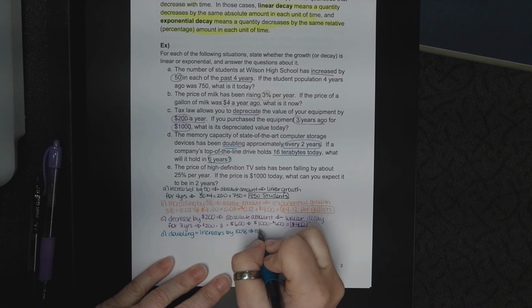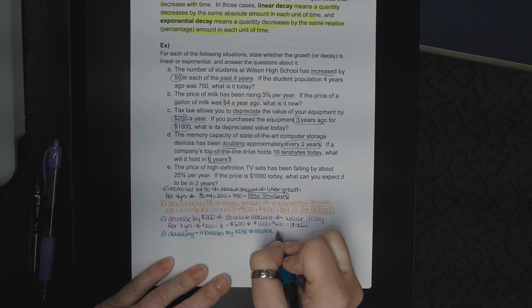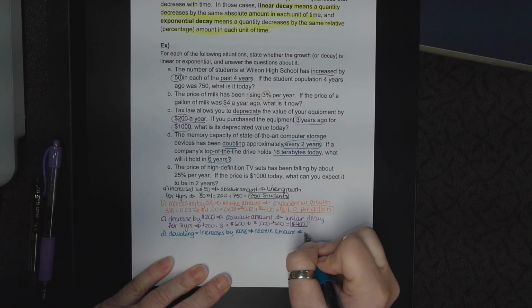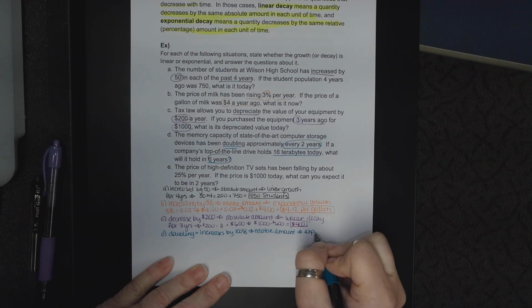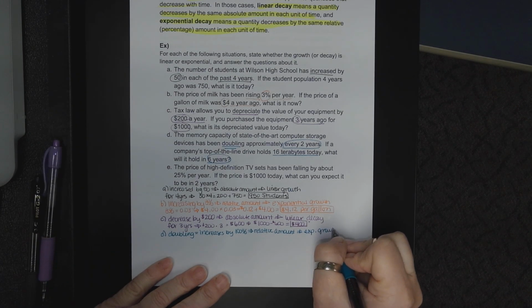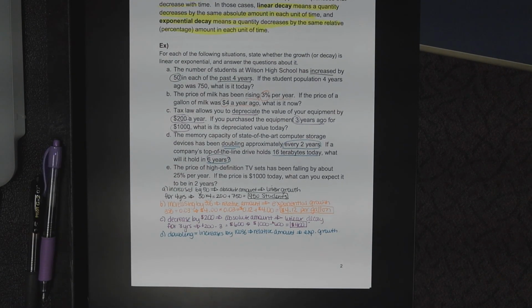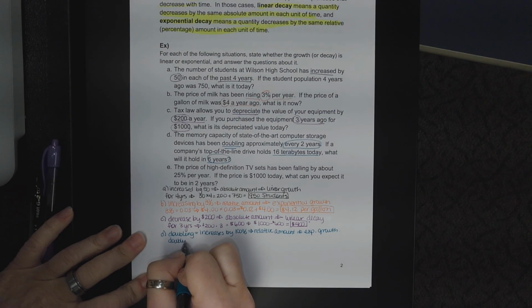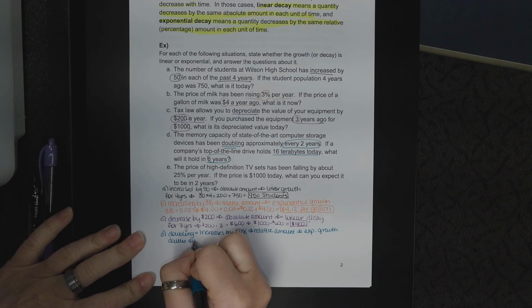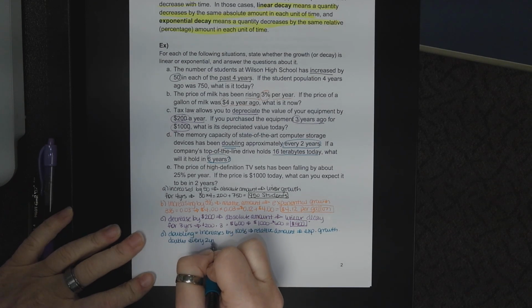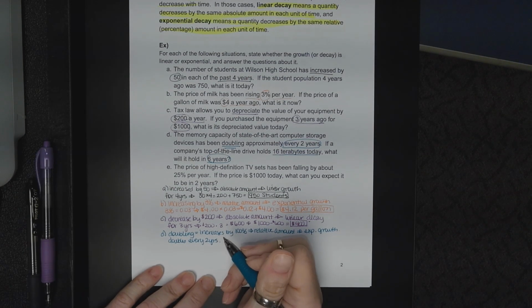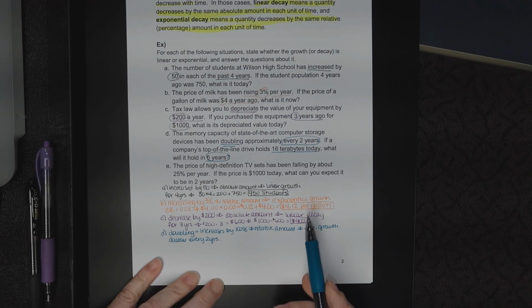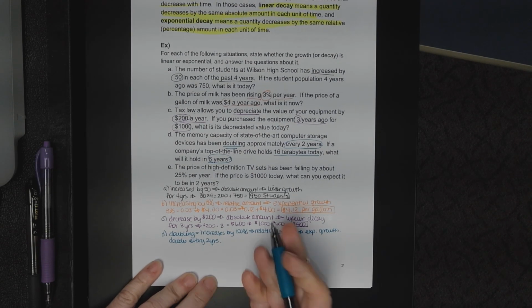Relative amount. Which implies exponential. So it doubles every 2 years. It will double 3 times, right, in 6 years, because 6 divided by 2 is 3.